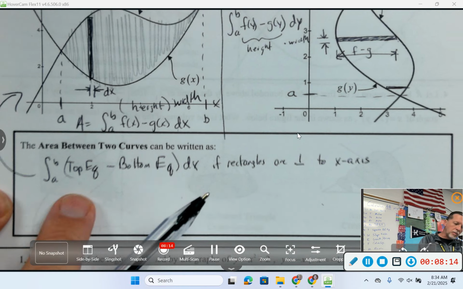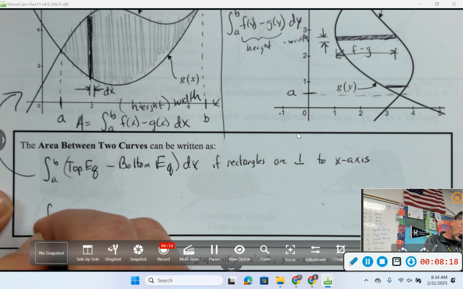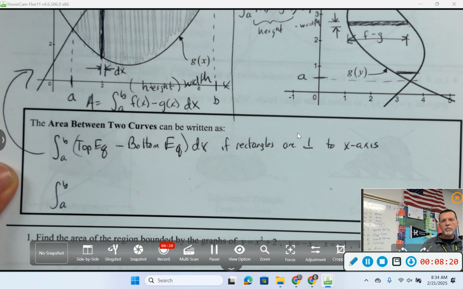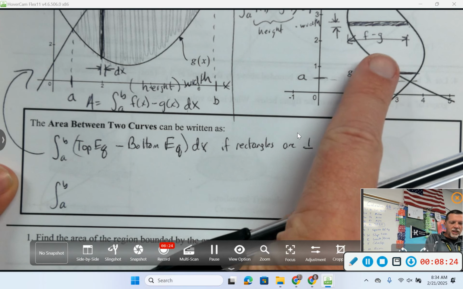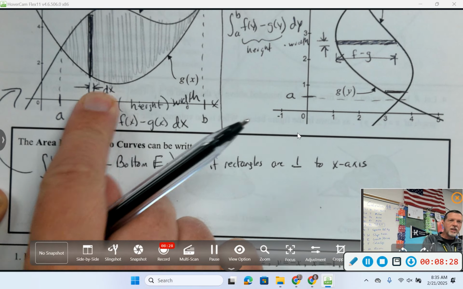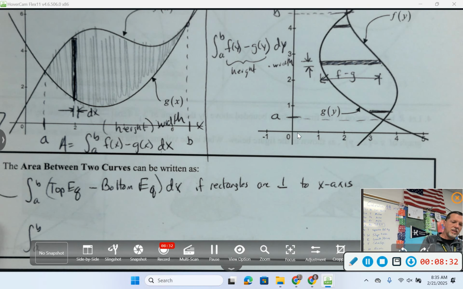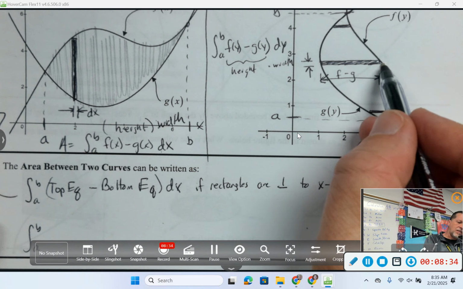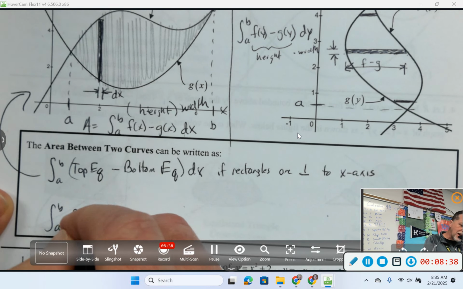We're going to write something pretty similar for the left-right orientation. So from a to b, what's the equivalent on this picture of top minus bottom? What do you think? Because it's this one minus this one. Right minus left.